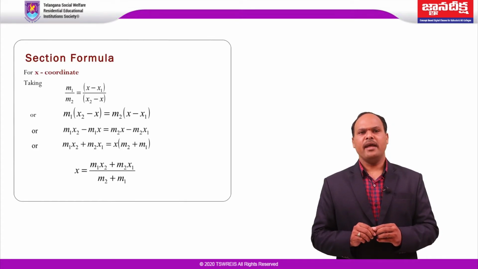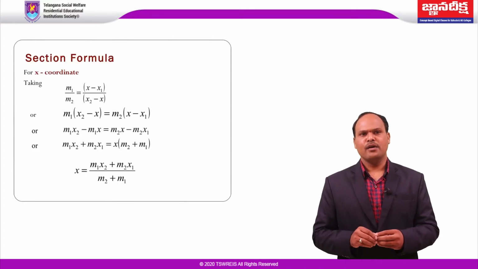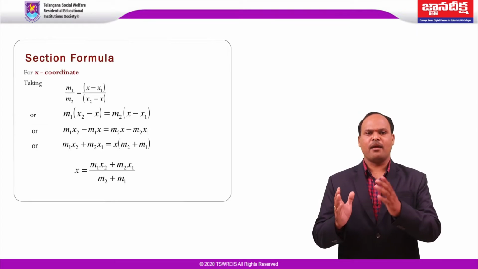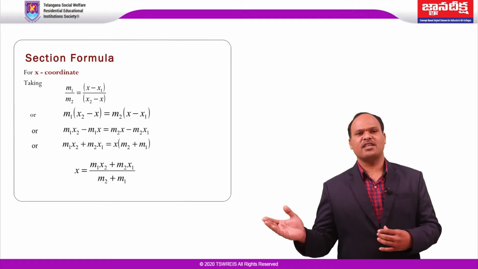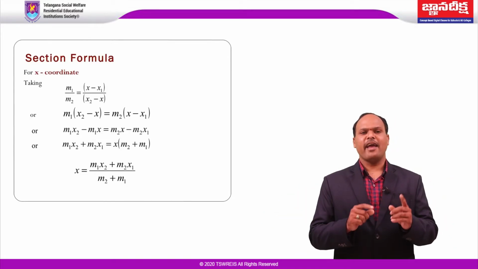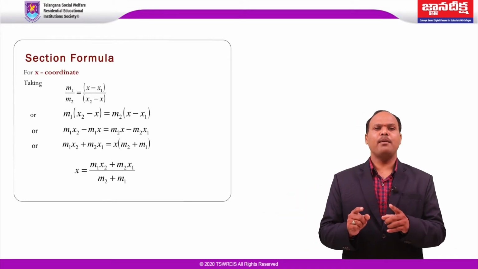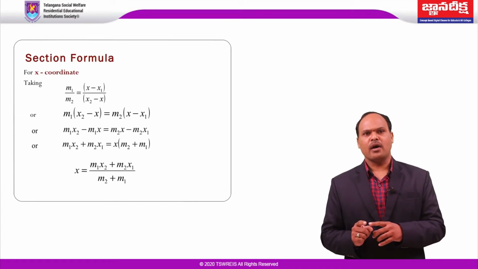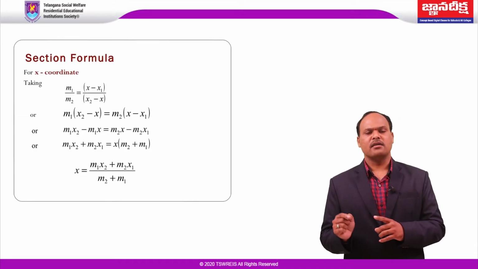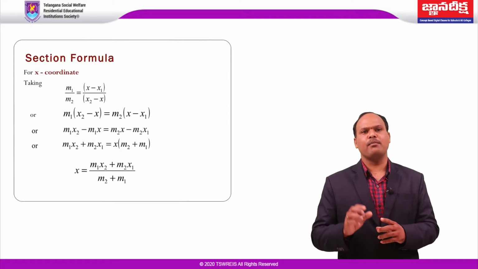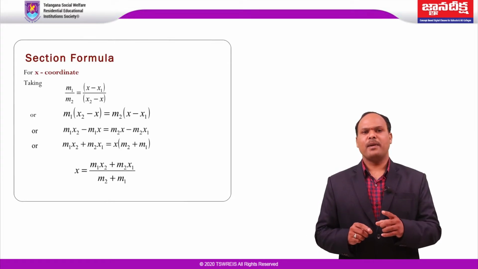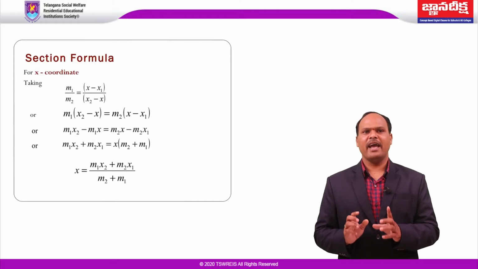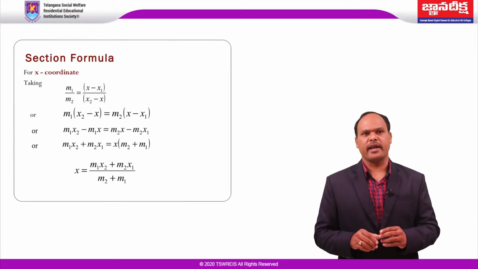Now we need to find the x value. So take x terms one side and remaining terms one side. So I am taking m2x1 from RHS to LHS. We will get m1x2 plus m2x1 is equal to, I have taken common x, the remaining term will be m1 plus m2. So x is equal to m1x2 plus m2x1 by m1 plus m2. Okay, this is the x coordinate.